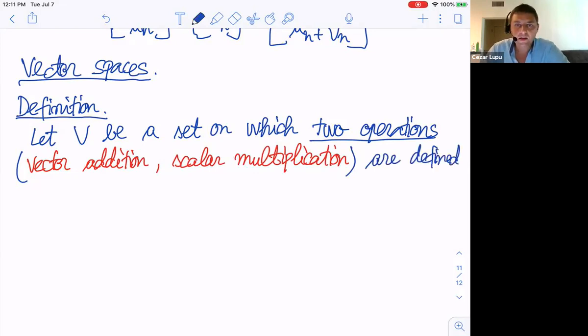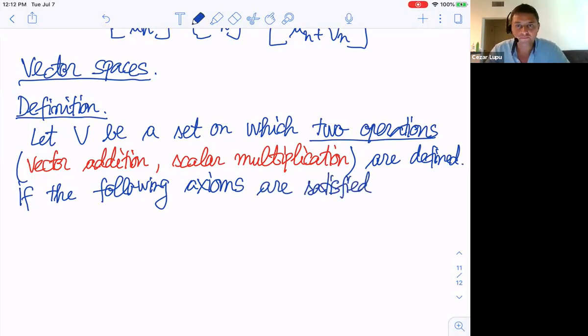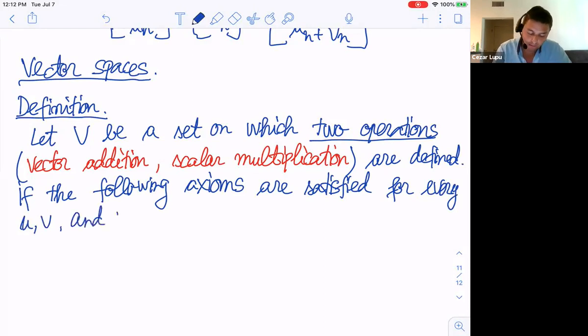Right? If the following axioms are satisfied, let's say, for every vector U, V, and W in V, right?